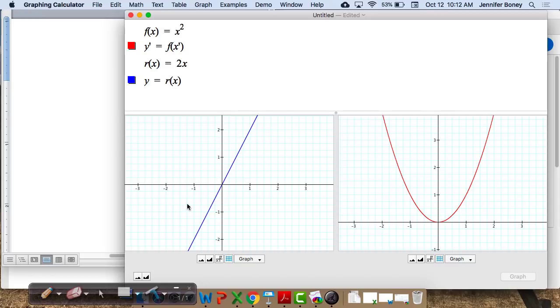If this is a rate of change graph here in blue, I can see that when x is greater than 0, I've got positive rate values matching up with when x is greater than 0, this accumulation is increasing. Or to the left of 0 in the rate function, I see negative rate values. To the left of x equals 0 in the accumulation, I've got a decreasing amount of something, a decreasing accumulation.